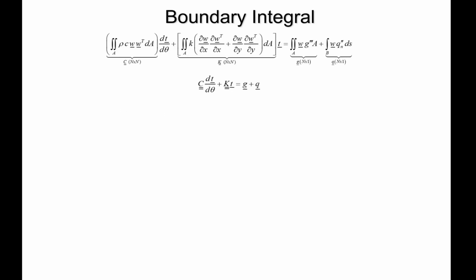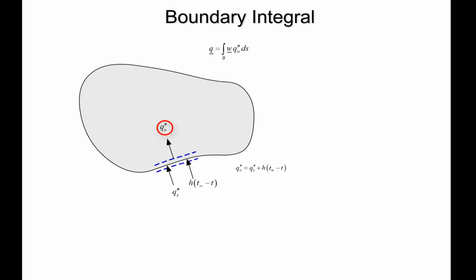Alright, so now we can move on to the boundary integral. That's this term way over here to the right, and it's related to the integration of the heat flux normal to the boundary. If you remember, we defined the heat flux normal to the boundary as being normal inwards, as shown here, and that heat flux can be related to either a specified heat flux on the boundary or to convection to the boundary.